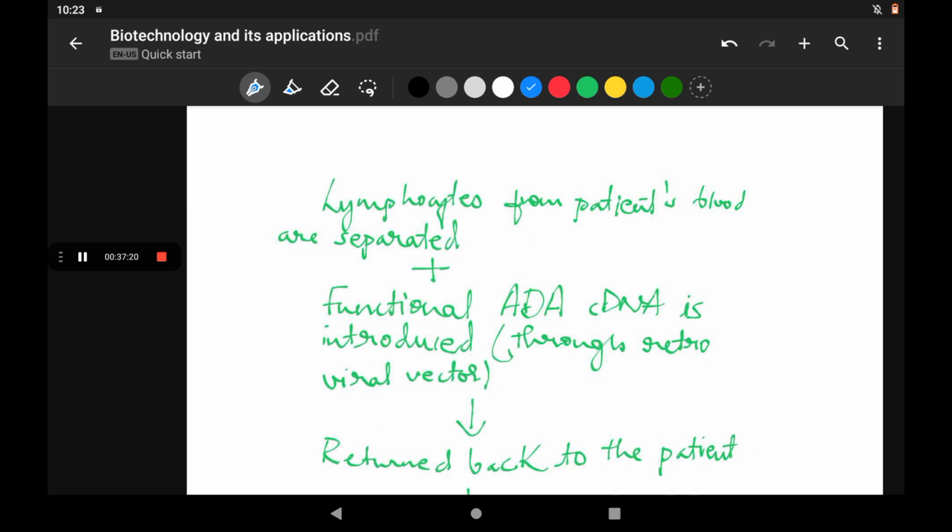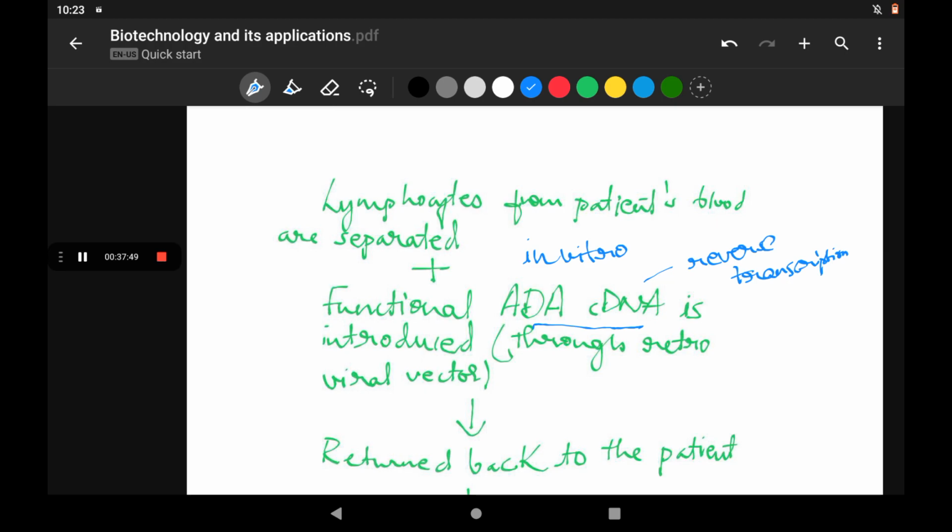Lymphocytes from the patient's blood are separated and kept in vitro. In vitro means in the lab conditions. The functional ADA cDNA, whenever we use the word cDNA, you should understand that it's a product of reverse transcription. That is, we have obtained it from mRNA. We have subjected them to reverse transcription and obtained them. cDNA is nothing but complementary DNA.